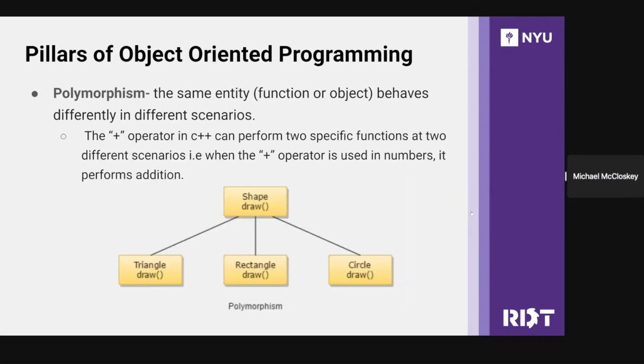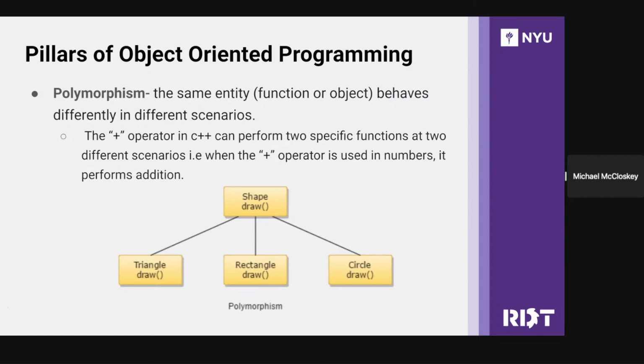And along with using parent classes and child classes in inheritance, we can have polymorphism. And that allows us to have different operations for the same function. So basically, if I have a shape, like I'm using a graphical user interface and I want to be able to draw this shape, I can have a parent class that has this draw function.